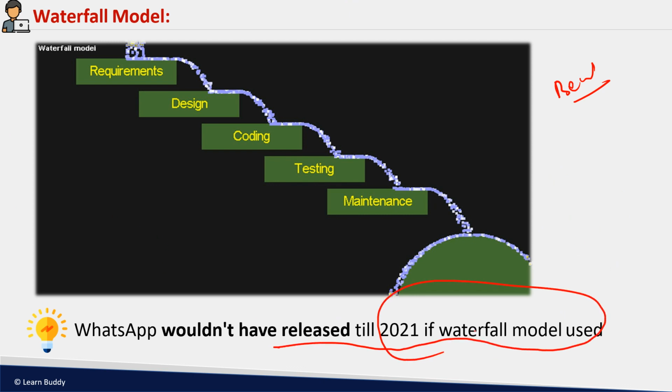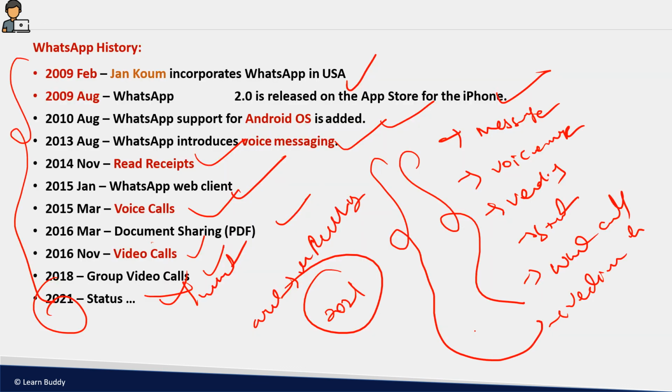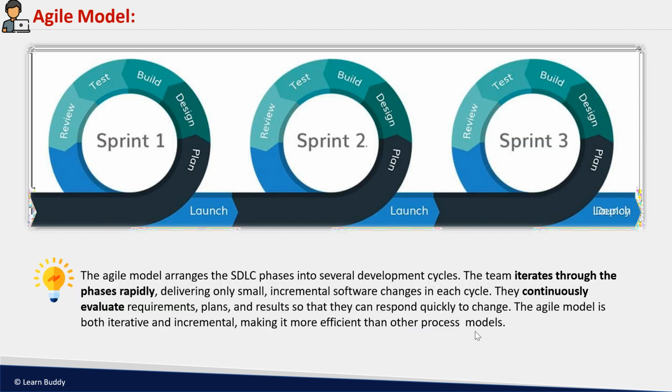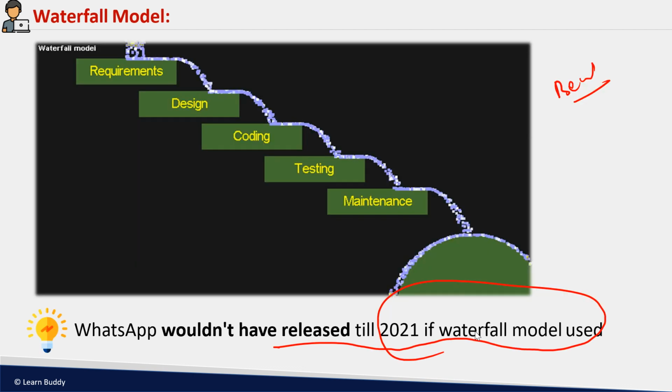WhatsApp wouldn't have been released until 2021 if they had used waterfall, because they would have to develop all these features, right? It is not an easy process. They won't develop all these things in 1 year or 2 years, right? They want enough time to create it, test it, deploy it and all those things. For that it would take time.